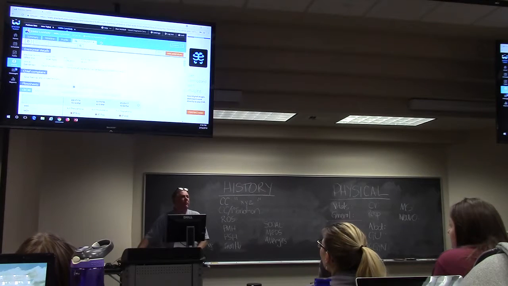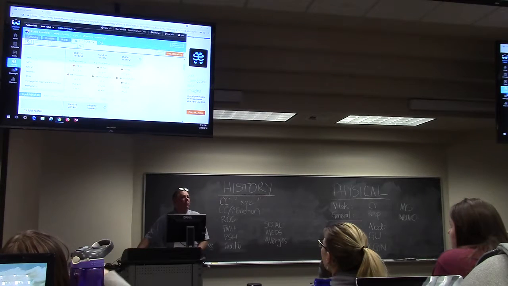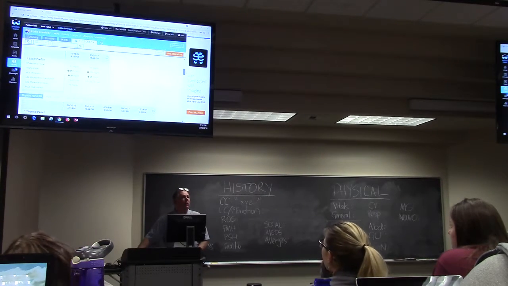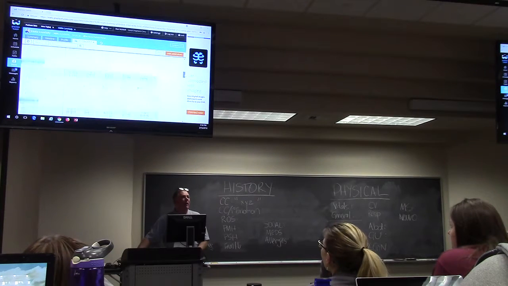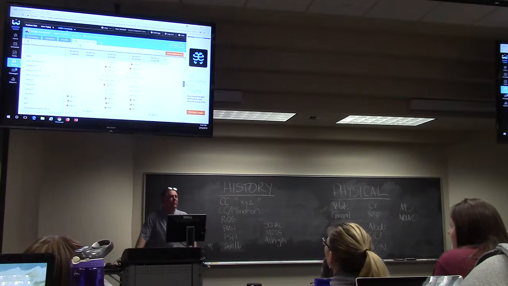Okay, these are the flow sheets that are brought forward. So I can look at his white blood cell count over time. I can look at his lipid profile over time, thyroid, vitals, and his blood chemistries over time.